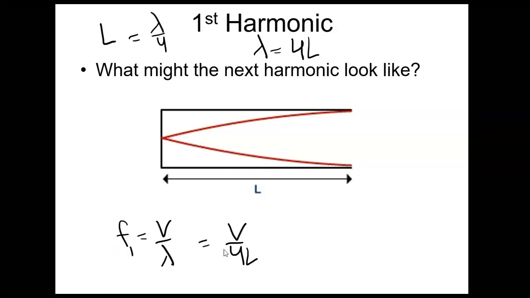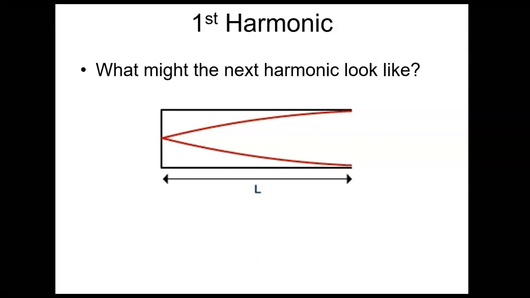So we have f1 equals v divided by 4L. Keep that in mind, and let's think about what the next harmonic might look like, because I'm going to erase this. Remember, to go to the next harmonic, we have to add another node. But if we add another node, we also have to add another antinode, because those two have to alternate.